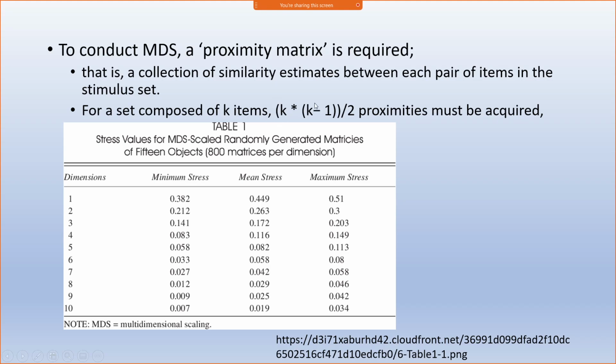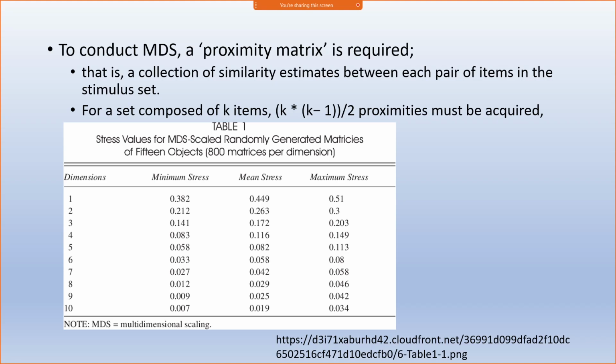10 minus 1 is 9. 9 divided by 2 is 4.5, and 4.5 times 10 will be 45. So if you have 10 chocolates that you want subjects to pair, then you have to have 45 pairs.